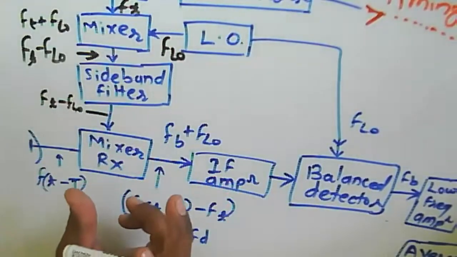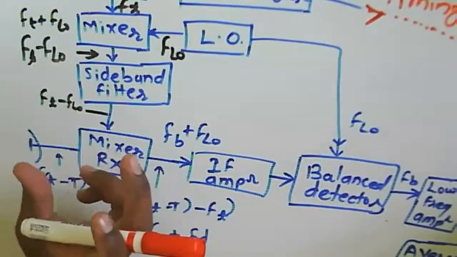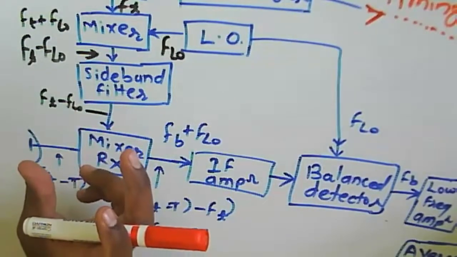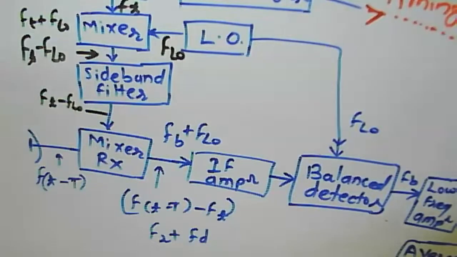In that case there may be a small variation in the frequency. What will be the deviation in the frequency? That deviation in the frequency can be used to identify the range of the signal.